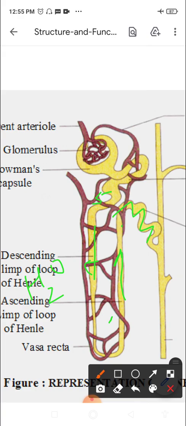Then comes the collecting duct, right. From the distal convoluted tubule, the filtrate enters into the collecting duct, where further reabsorption takes place, more water is reabsorbed in this region, and this again makes the filtrate hypertonic to blood.